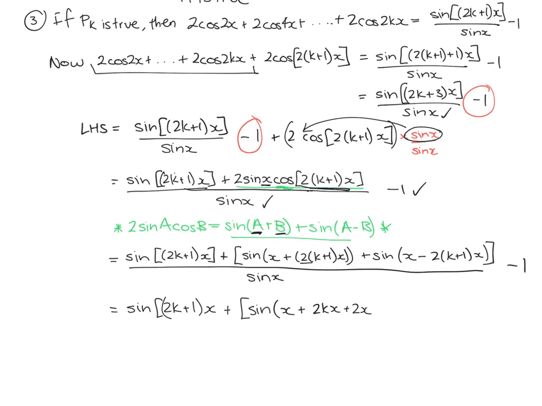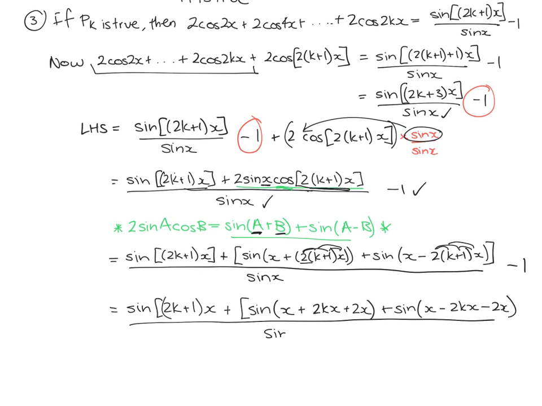You can see we've got 2k and 2, but then that's also going to multiply the x in, plus sine, now we're going to have x minus 2kx minus 2x, because again you're going to multiply that in, but the x is also going to come in. They've written this in a horrible way. All over sine x minus 1.